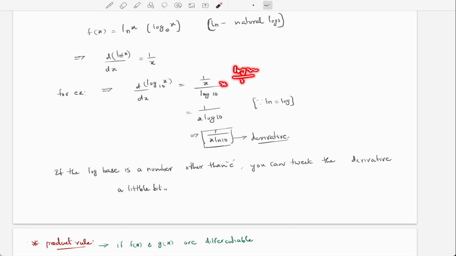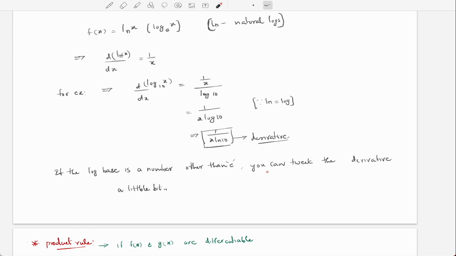We simply cross multiply it, and this is our derivative. The ln and log are both the same; we use ln for natural logs and log for usual logarithms. If the log base is a number other than e, then we tweak the derivative a little bit.